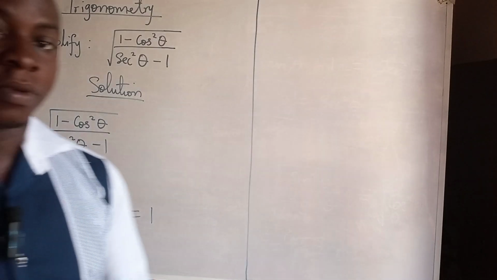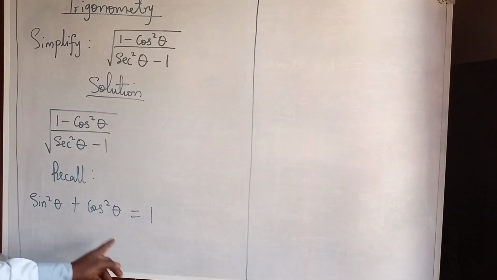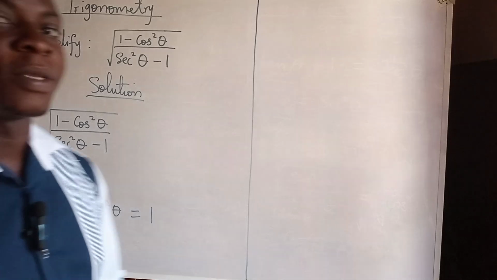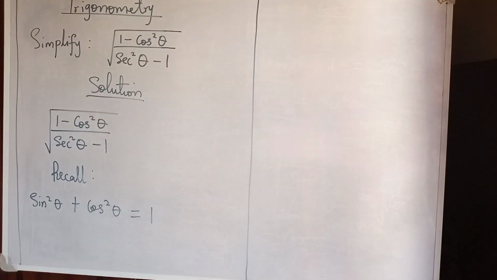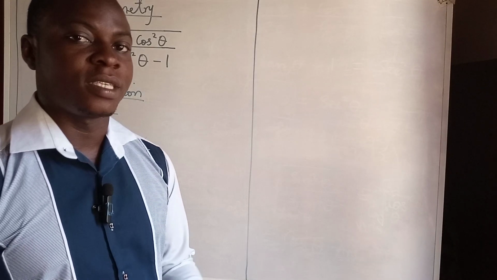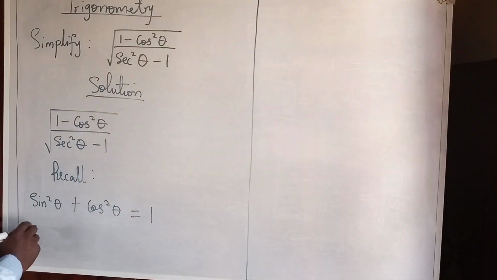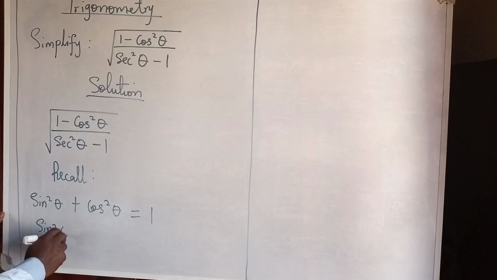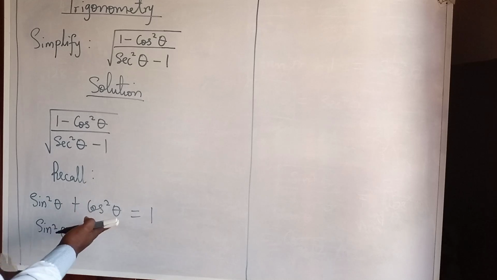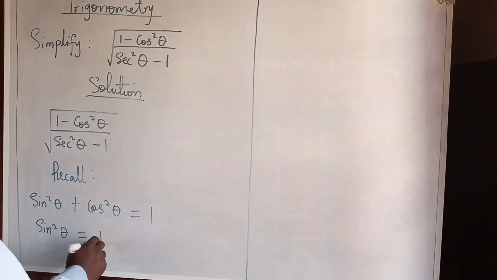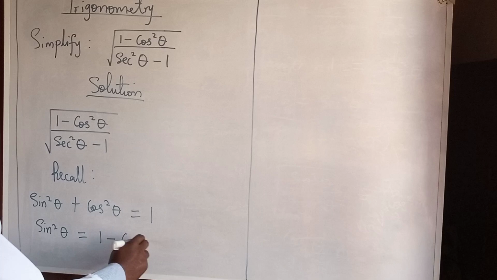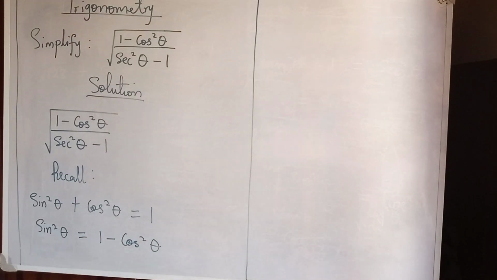There's a law that says sine squared theta plus cos squared theta equals 1. It has been proven and found to be very true. Now, if I make sine squared theta the subject, sine squared theta will be equal to, if I cross this plus cos squared theta to the other side, 1 minus cos squared theta.